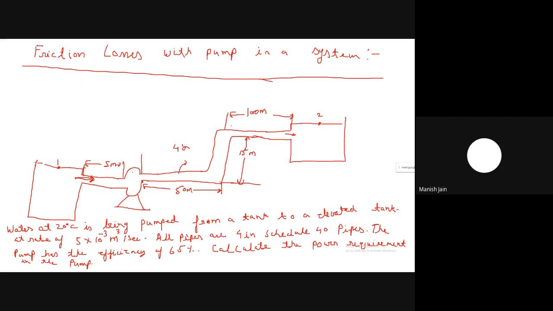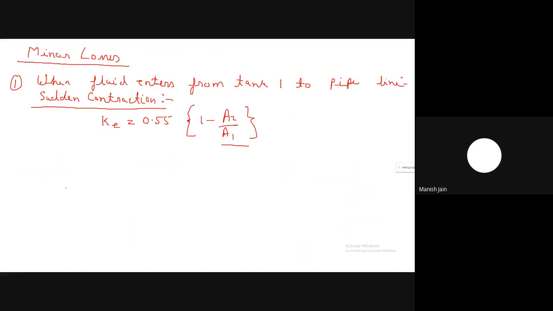Okay, so in this case, because the size of the tank is much greater than the size of the pipe, you can assume this value is negligible in comparison to this value. So A2 is the cross-sectional area of the pipeline, and A1 is the cross-sectional area of the tank.